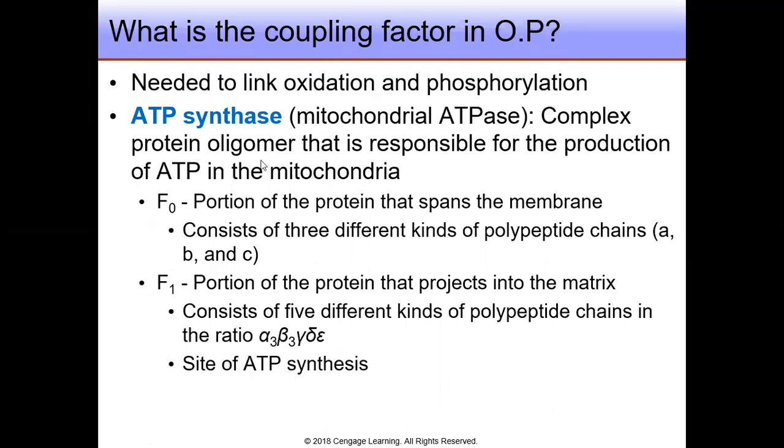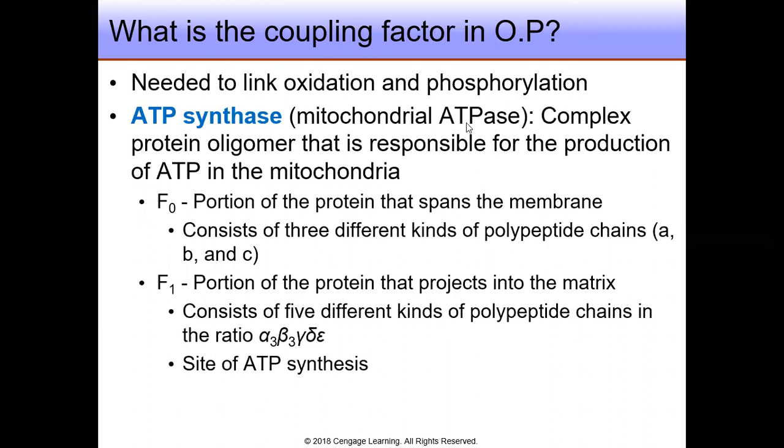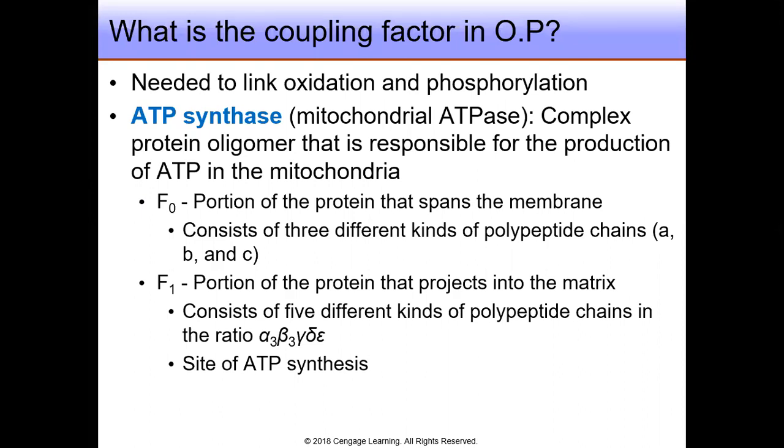This enzyme, ATP synthase, is also known as mitochondrial ATPase because the reverse reaction of ATP hydrolysis as well as phosphorylation can be catalyzed by the enzyme. Now, the hydrolytic reaction was discovered before the reaction of the synthesis of ATP, and hence the name.